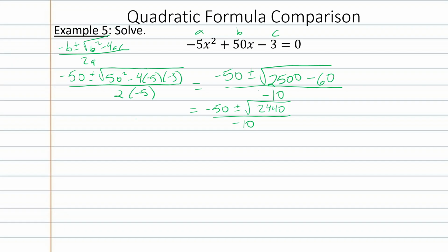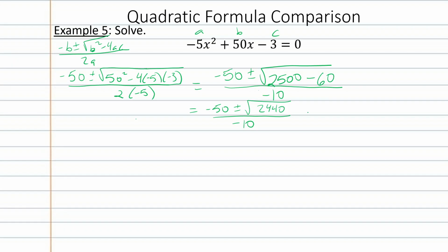That doesn't break down nicely, does it? Let's see if we can break that down a little bit better. Trying to think of what 2,440 might break down into. Let's see. I think it breaks down into two.